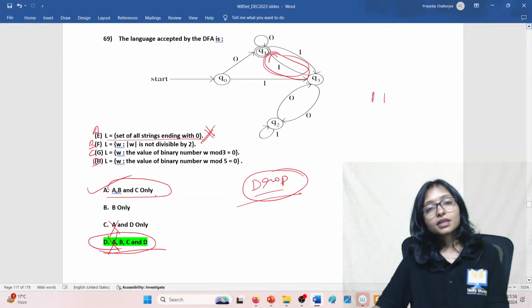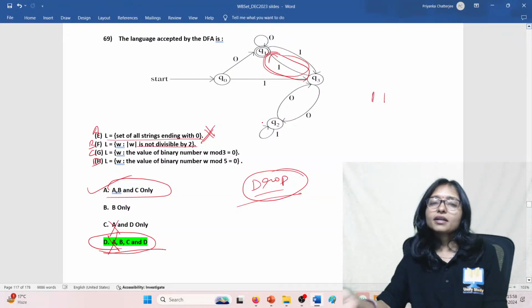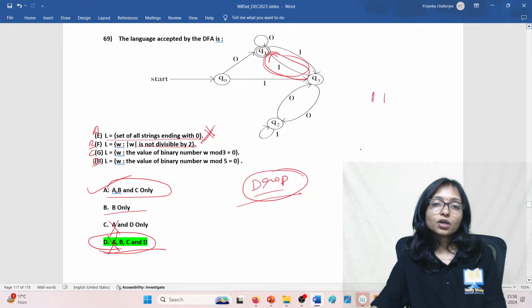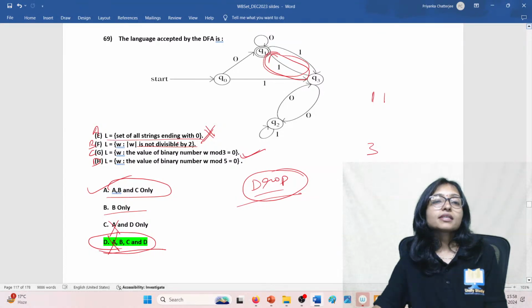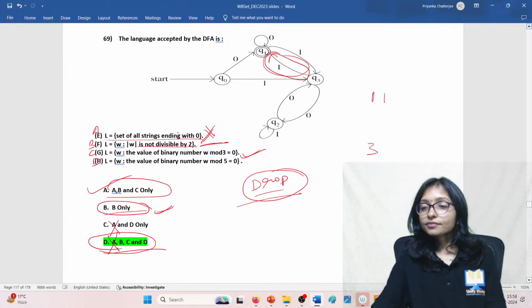Only B, if I am thinking. Then not divisible by 2. Is this correct or not? If we have to think W not divisible by 2, is that coming or not? But it is drop. Anyhow, not divisible by 2, because 3 was divisible by 3, so we can say that it is not divisible by 2. So maybe this one can be correct.